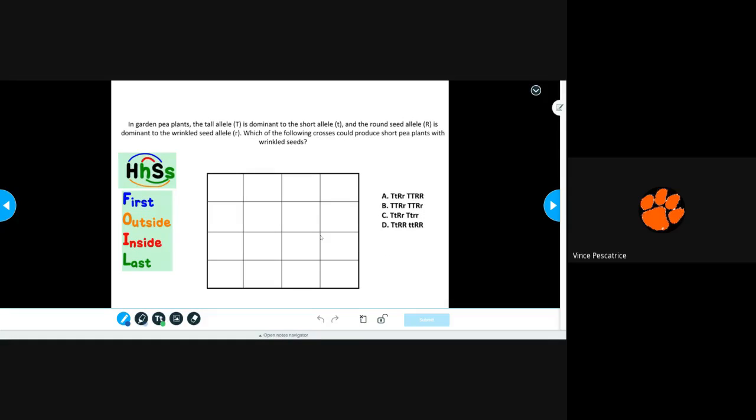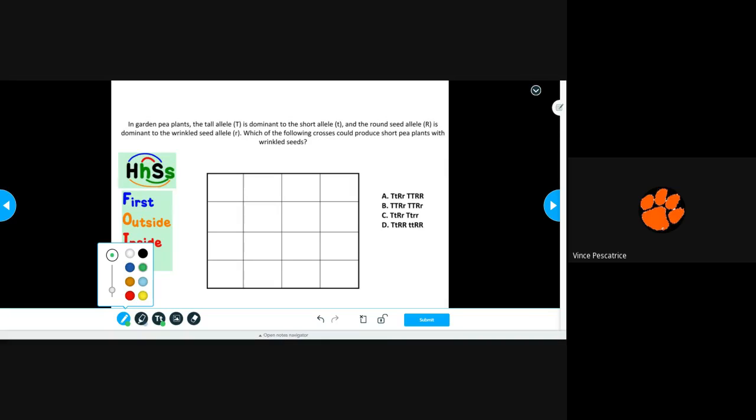So what you're going to be looking for is which of the following crosses would produce a short pea plant with wrinkled seeds. So what I'm going to do first is put what we're looking for up here. In order to have a short pea plant, it says tall is dominant and short is recessive.